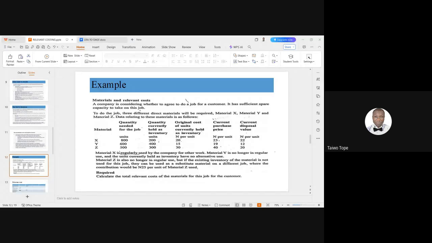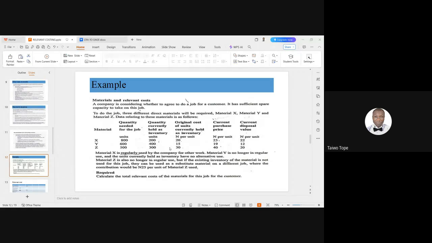If you are not using it for the production of this job, what will be the cost you will get? What is the scrap value? It means you are going to sell it at the current disposal value. Any material you're not using, you sell at this rate.